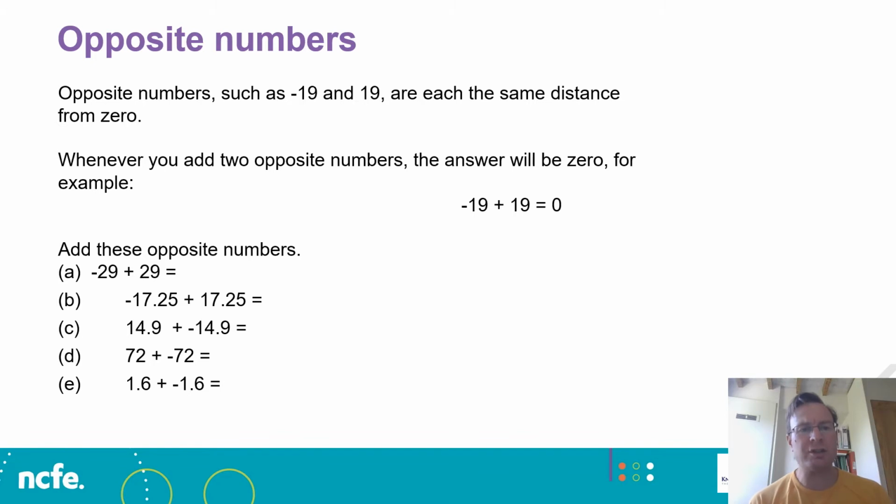So here the question is to add those opposite numbers. If you look at -29 plus 29, what are you going to come up with? This should all be quite straightforward because they're all 0. That's going to become useful as we work our calculations later on. If we go one direction above 0, and we have exactly the same number of units in the other direction from 0, so we go positive one side and negative the other, the middle should equal exactly 0.